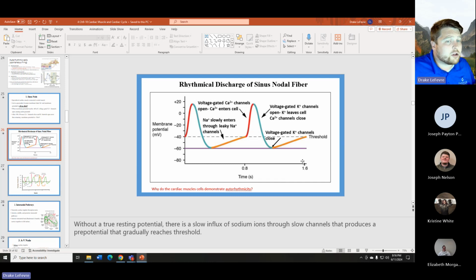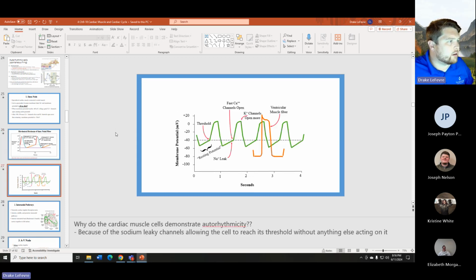It doesn't hyperpolarize, it drops back to its resting spot. The potassium channels close, and immediately it starts going again with our sodium leaky channels. Any questions about this? Okay, moving on.